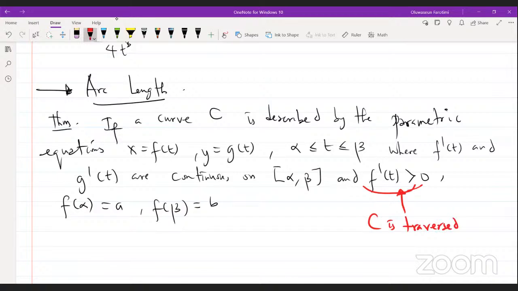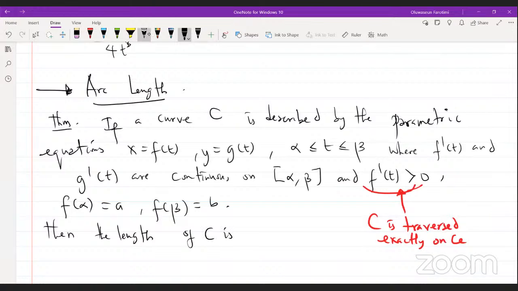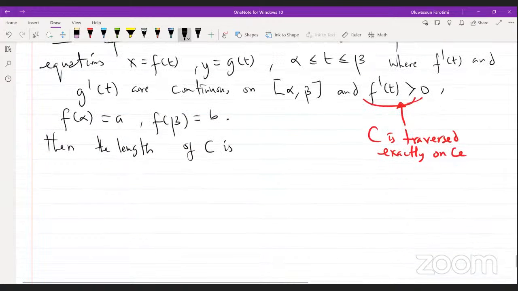Yes, we have the right word now. Once. Then, when the curve is traversed once, the length of the curve is given by the formula.